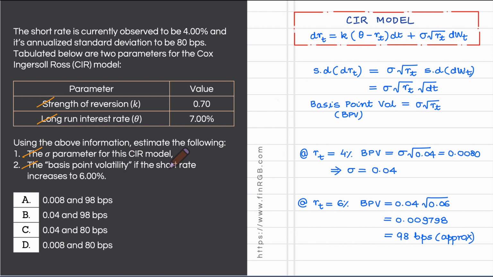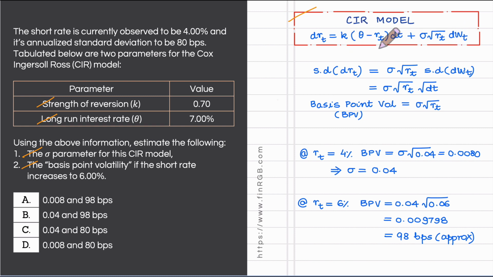Okay, so to solve this question very quickly, recall the SDE, the stochastic differential equation of the CIR model. This SDE verbally reads as something like this: the change in my short rate over a tiny period of time, dt, would have two components to it, a deterministic component and a stochastic component.